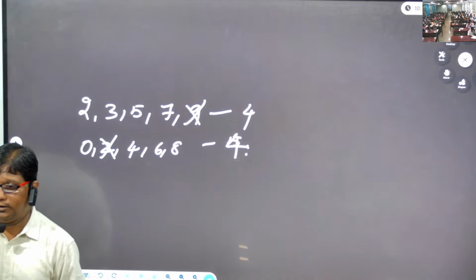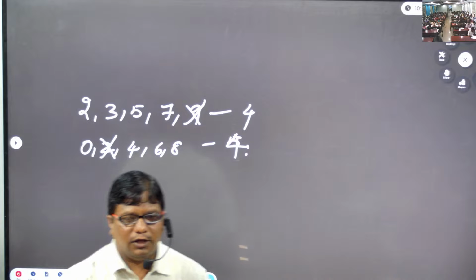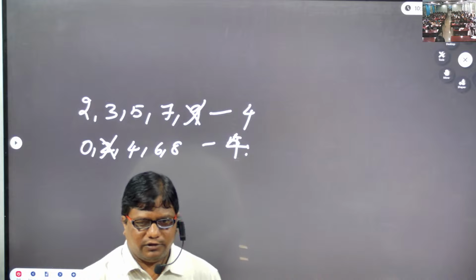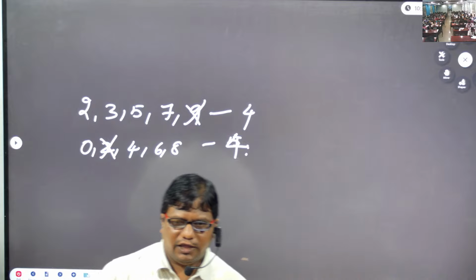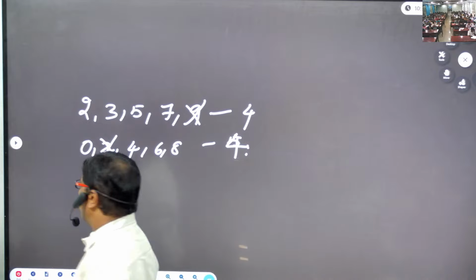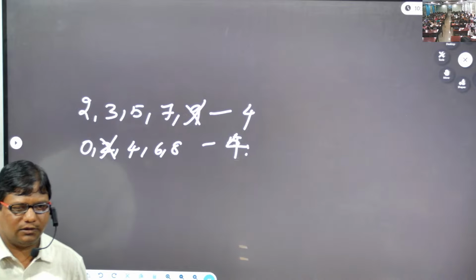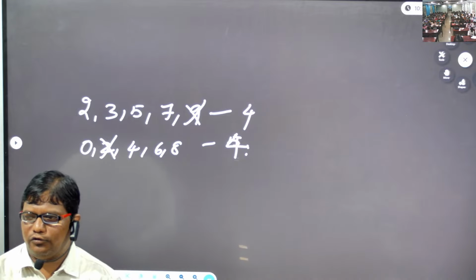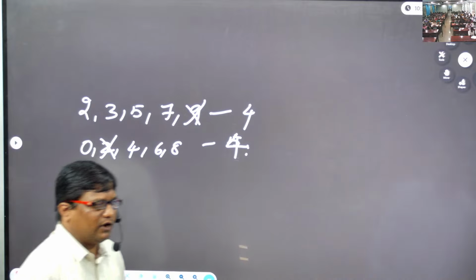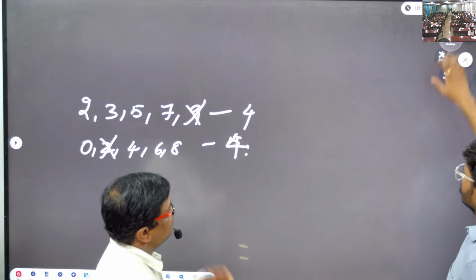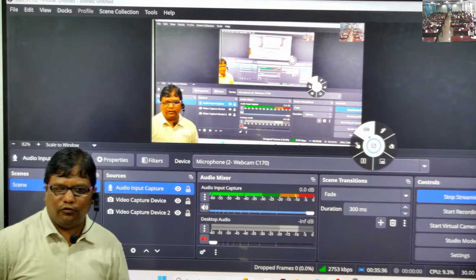So next line. Even numbers are 0, 4, 6, 8. Keep a hyphen and write 4 ways.